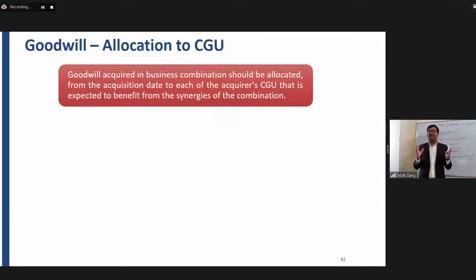So whatever premium I am paying extra, for example 20 lakh rupees, this 20 lakh rupees has to be allocated into the 3 CGUs which are expected to get the benefit from the acquisition. So this goodwill has to be allocated into the cash generating units.